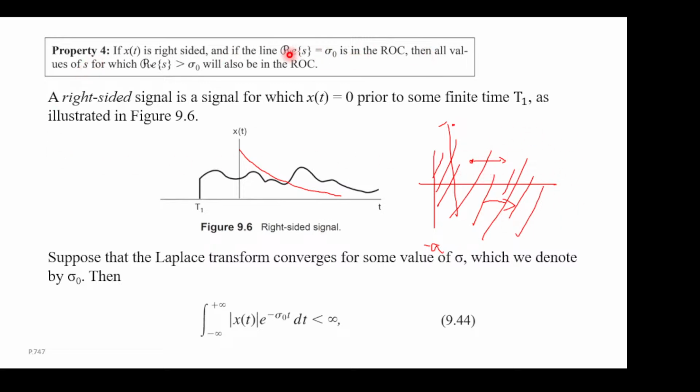In the more mathematical description, it says that if some line at sigma 0 is in the ROC, then everything to the right of that sigma is also in the ROC. So every bigger sigma is in the ROC. That means your ROC should extend to right infinity. Okay.